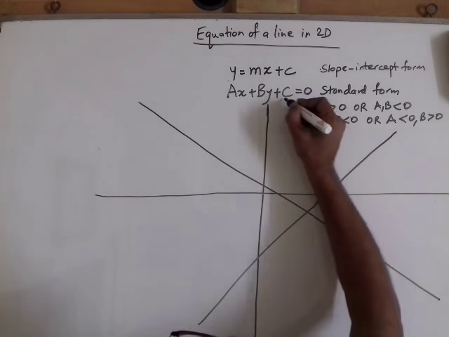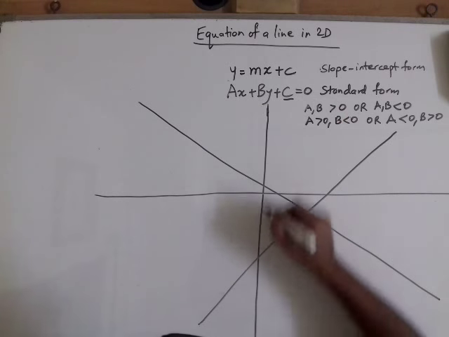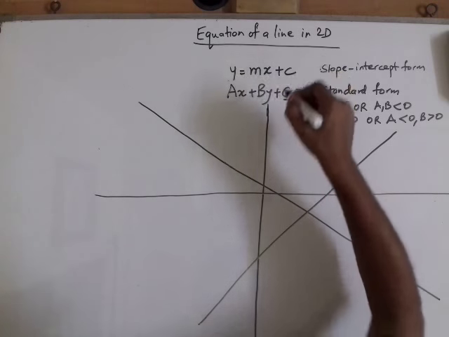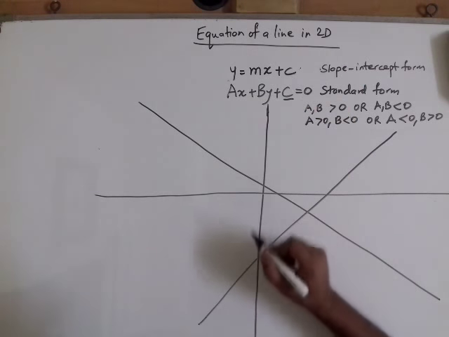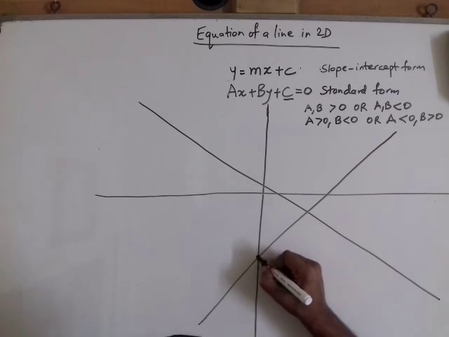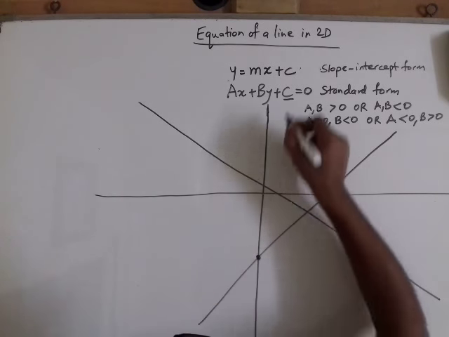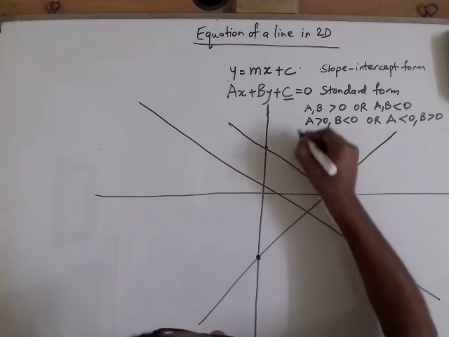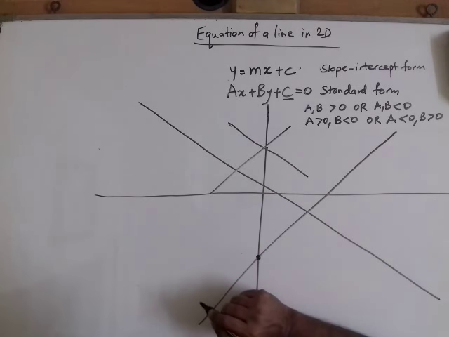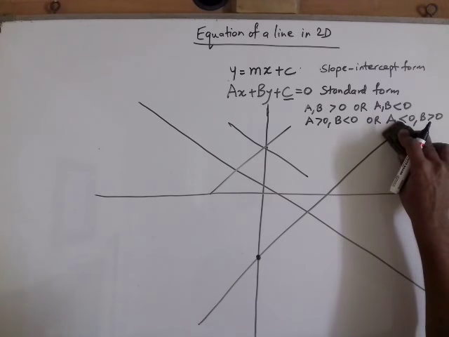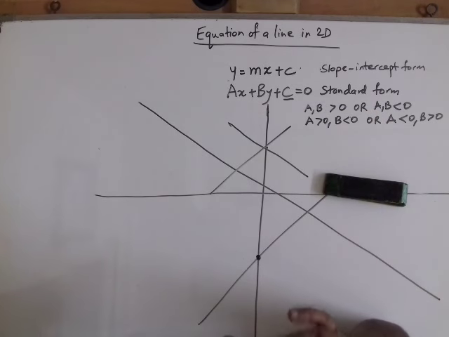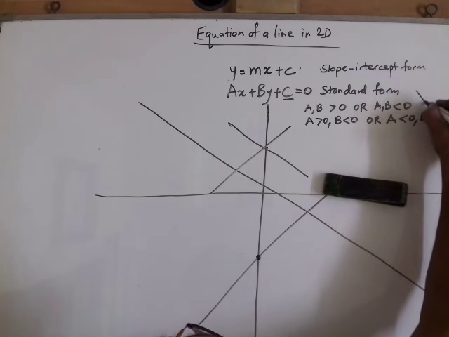That leaves us with c, right? Or rather the y-intercept. And I say this is going to be the opposite of what we have here. If c is positive, then my intercept is going to be downward from the origin. And if c is negative, my intercept is going to be upwards from the origin. Either this way or this way. So, if a, b are both greater than 0, I get a line like this.